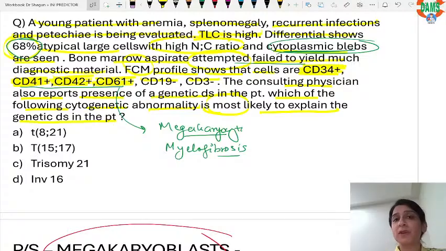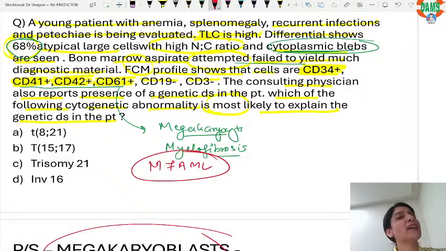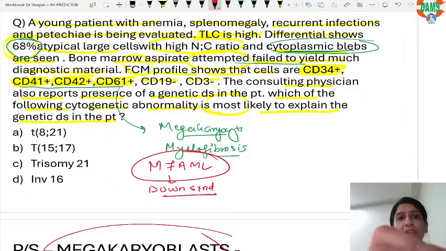My blebs on the membrane is also telling me megakaryoblast. So I am talking about a patient of M7-AML, and we all know that number one, M7-AML is associated with myelofibrosis, and number two, M7-AML is associated with Down syndrome. So yes, here my correct answer is going to be trisomy 21, that is Down syndrome.